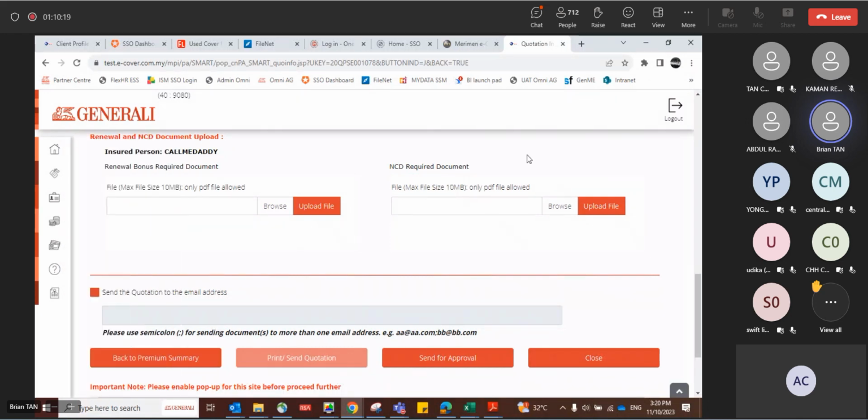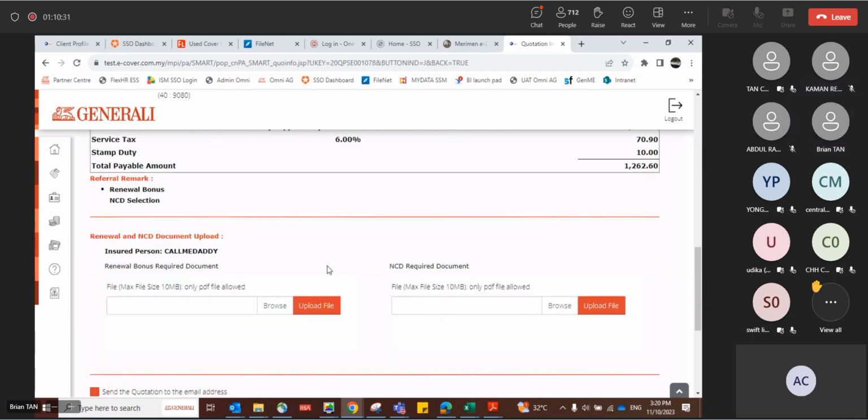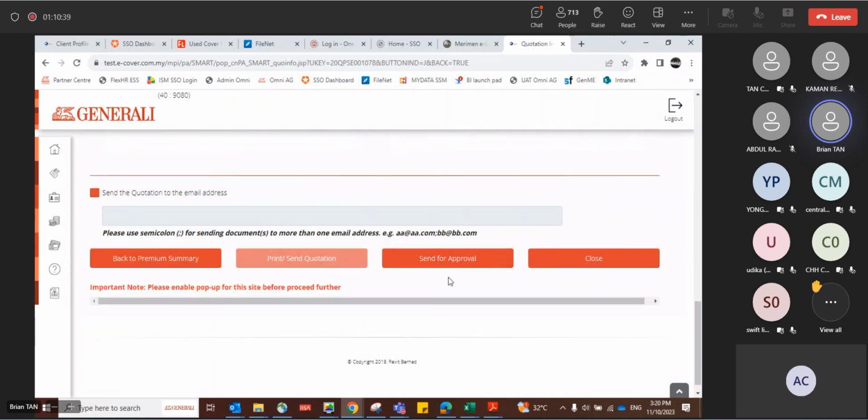Here is the place for you to upload the document to entitlement, like renewal notice, LCD screen or whatever. This case will become a referral case because I chose NCD and renewal bonus. So then you click send for approval. Only after approval can you send the quotation to customer.